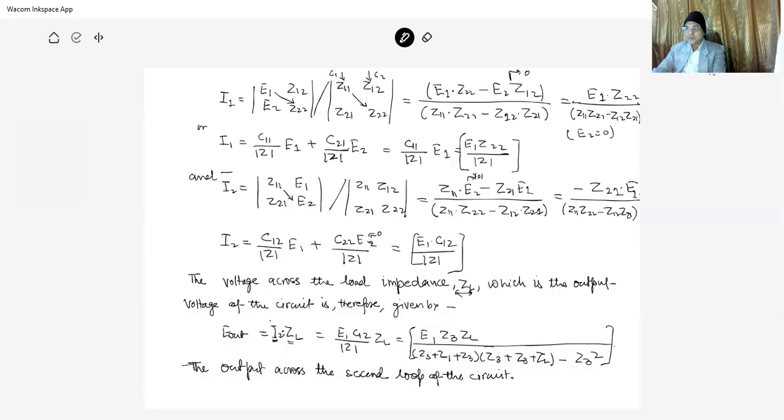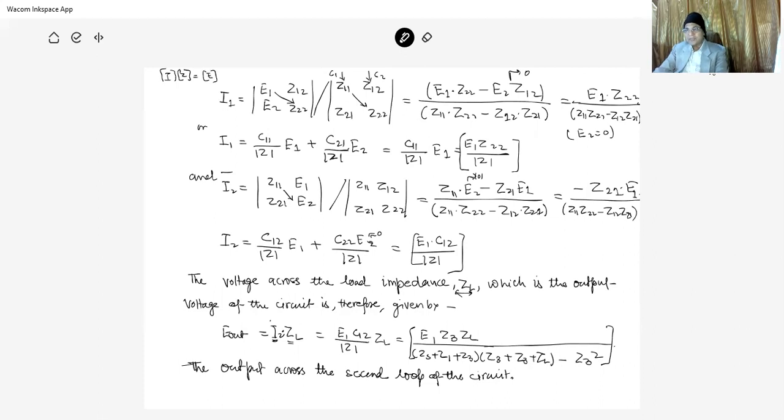I1 is equal to this matrix with E1, E2 and Z12, Z22, divided by Z11, Z12, Z21, Z22. So basically this can be expressed as the I matrix, here the Z matrix, is equal to the source matrix. This is the basic concept of this.